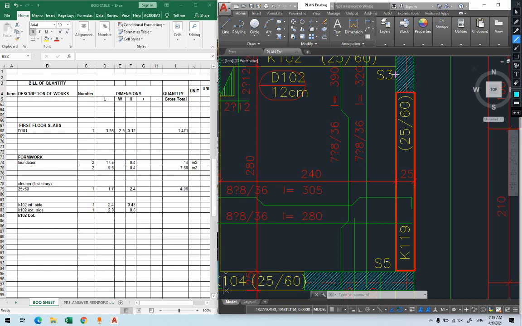For the side, we know that this will be one of them like this. The other one will be from here, and you can even add this column to it if you want. So this is for the outside, this is for the inside, but from here till here is the bottom. Remember, the bottom is from face of the column to face of the column.